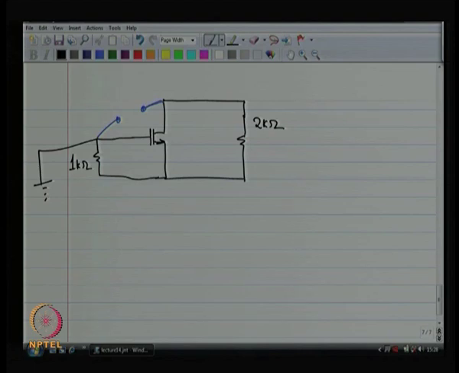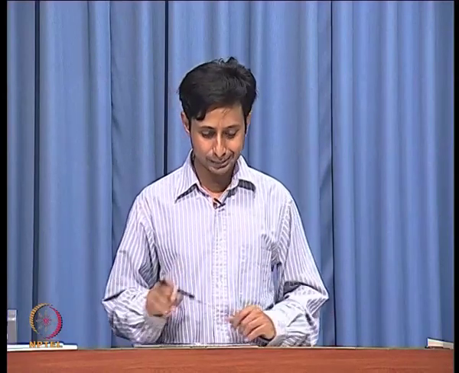See, you can reference to any particular terminal. Ground is just a word for the reference potential. So, instead of choosing the source as the reference potential, why don't I choose the gate as the reference potential? You can always do that. And as soon as I do that, I will have to redraw my network a little bit to make it look convenient, right.